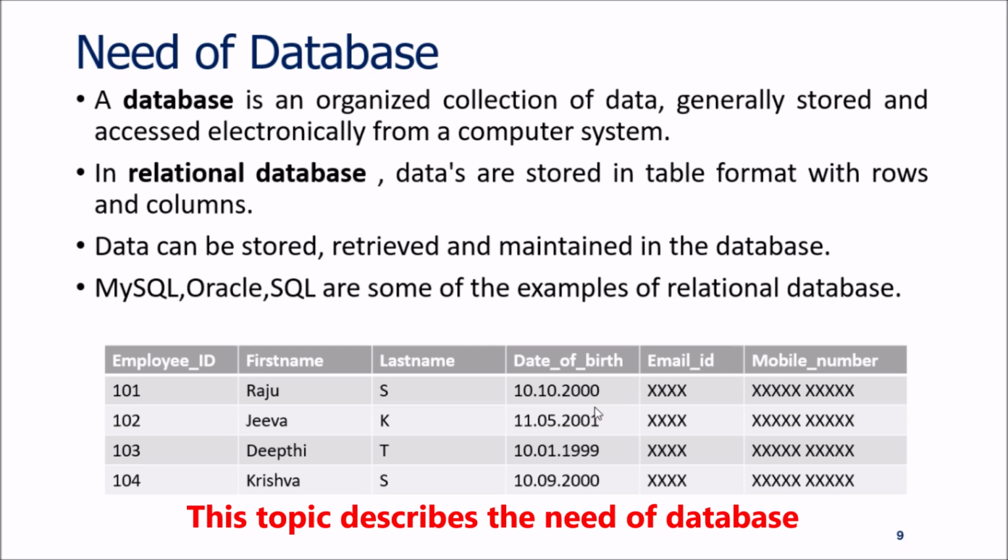And we can easily get the mobile number to send SMS on their occasions or any special events in order to improve business decisions. So this is the major importance of a database.